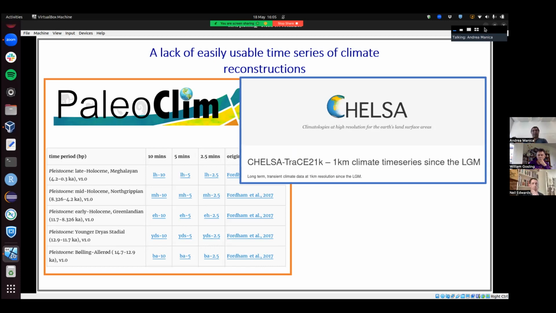That's something that has been discussed quite a bit among groups that try to do this kind of work, trying to look at responses of species back in time.